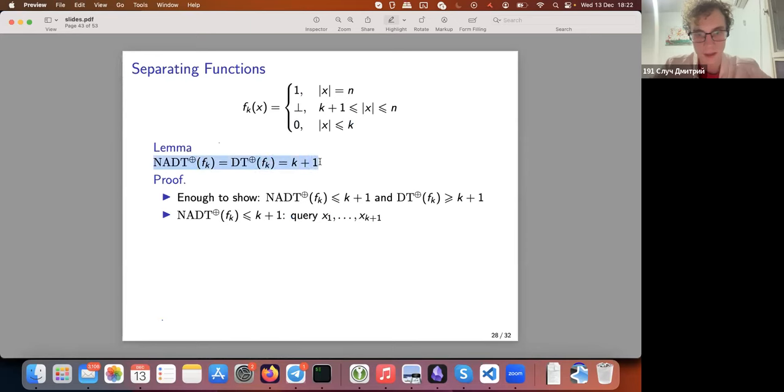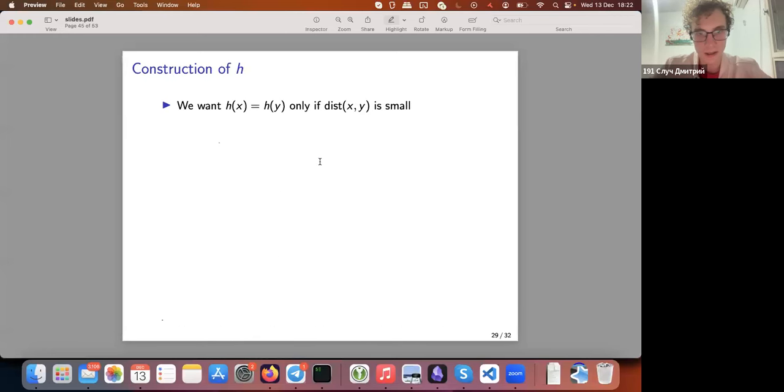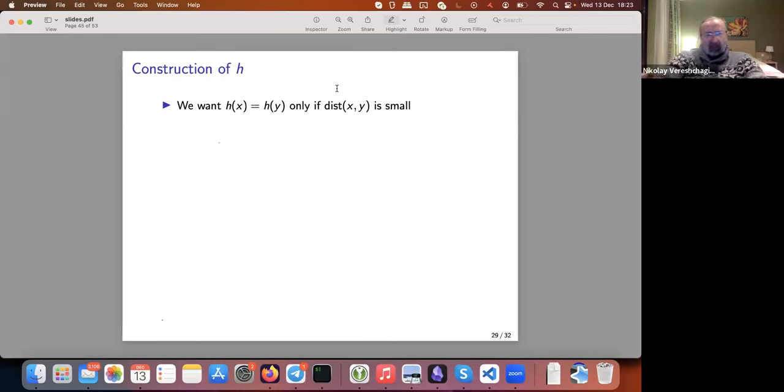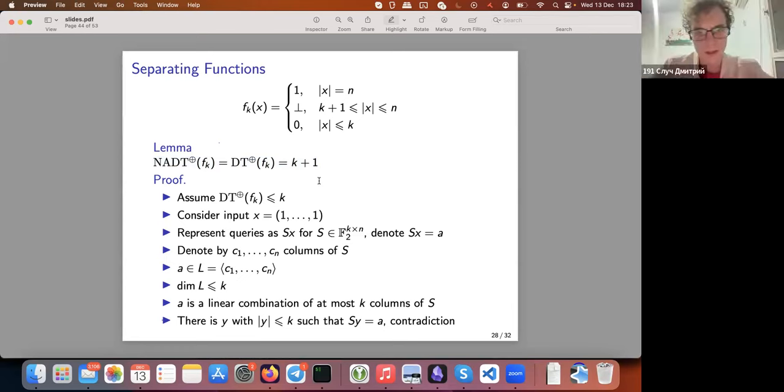We show it by contradiction. Do you need actually parity queries or just a normal decision tree complexity? The upper bound is just normal.